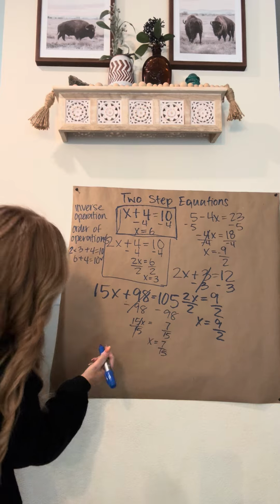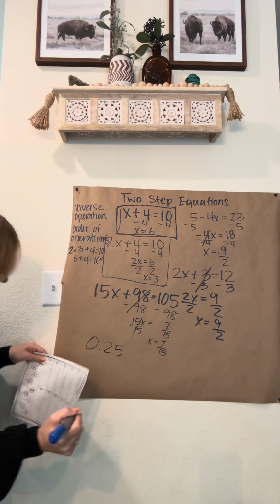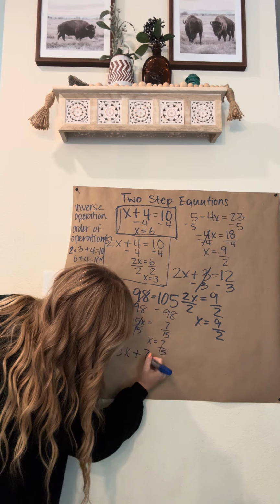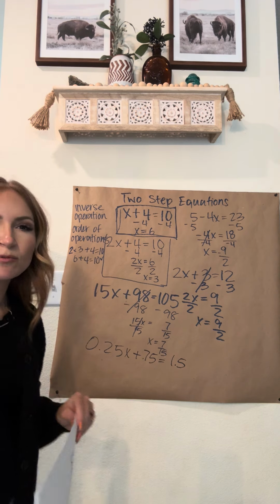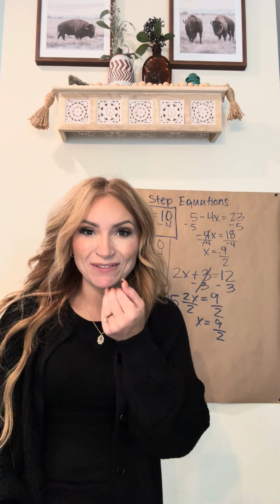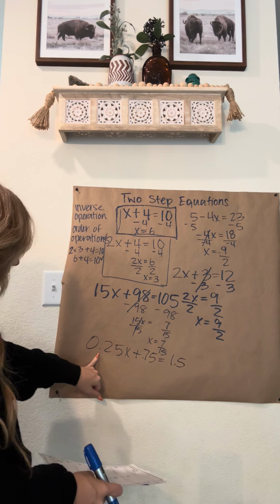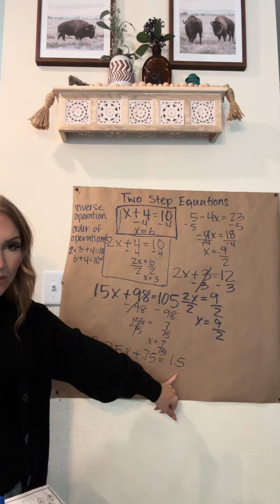Let's see. I'm going to show you one of the decimal ones real quick before we wrap it up, because I feel like that might confuse some of you guys. So number 5, it is 0.25x plus 0.75 equals 1.5.